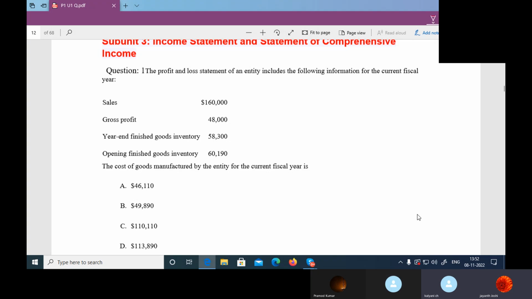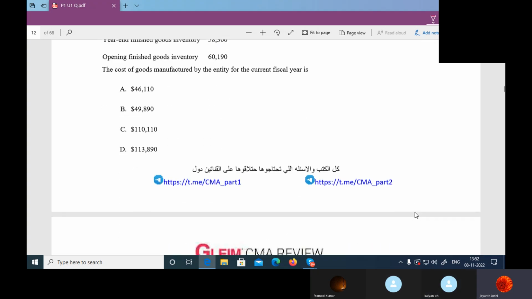Option C and D, please show me the option C and D. 1,10,000.